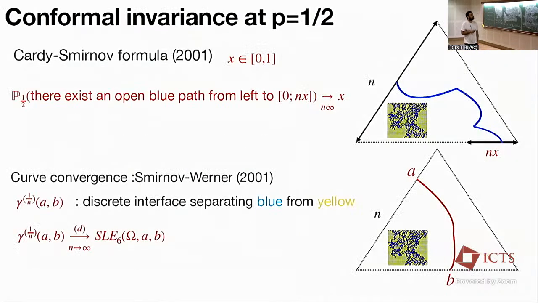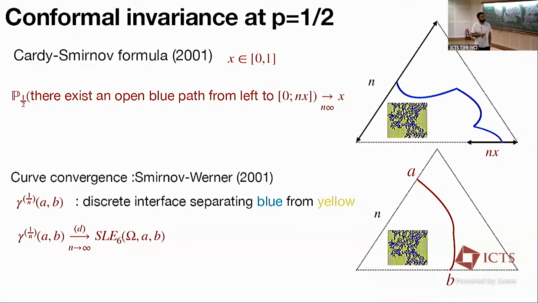And there is this beautiful theorem due to Smirnov, which was guessed by Cardy first. If you take a triangle, the simplest example, an equilateral triangle of size n, what's the probability to have a blue path that connects the left side to a portion of size x of the bottom arc?